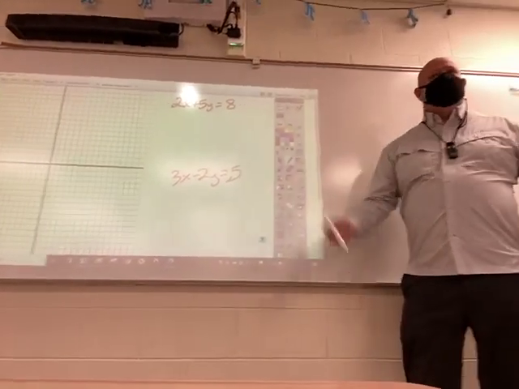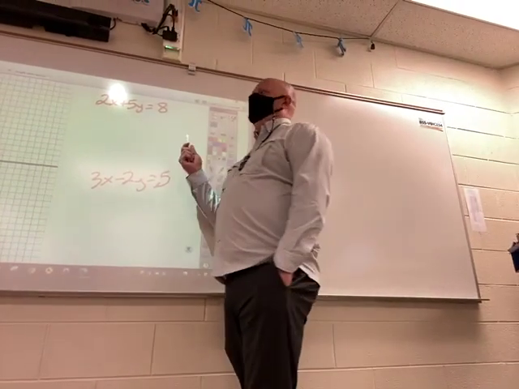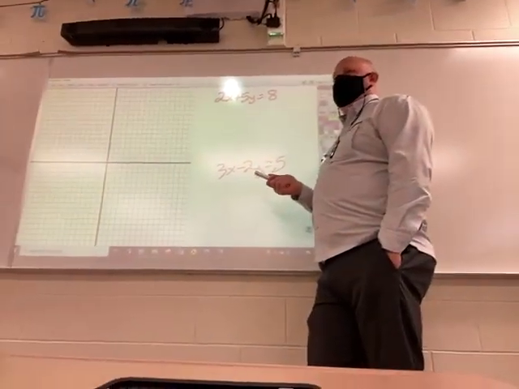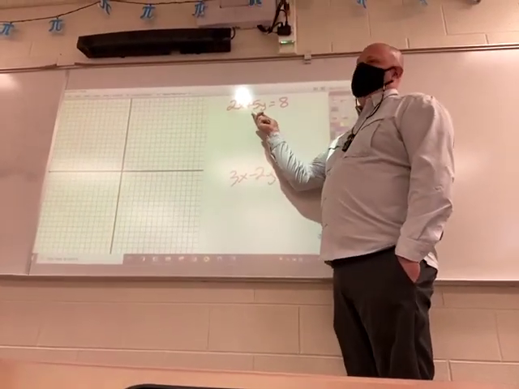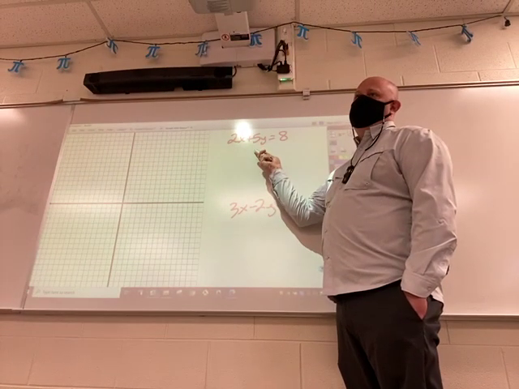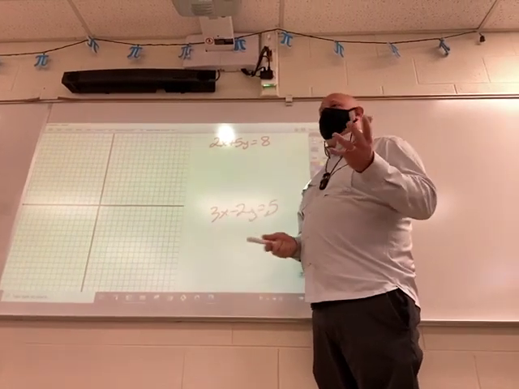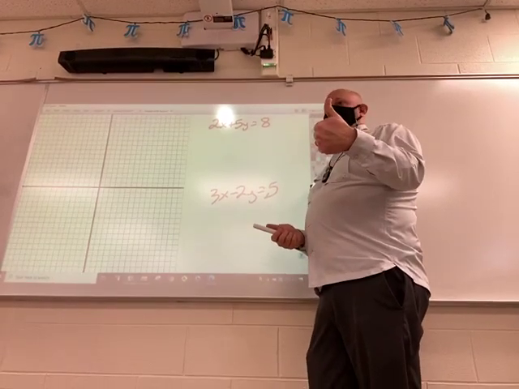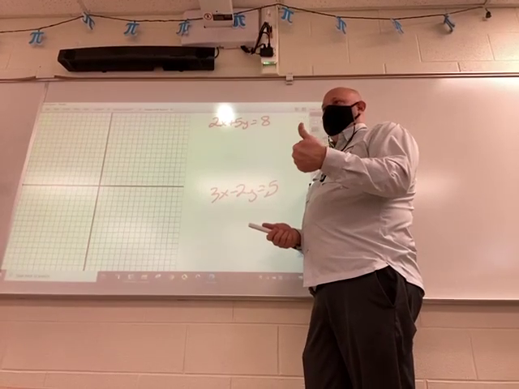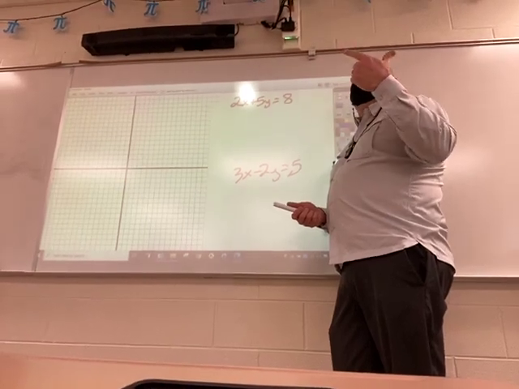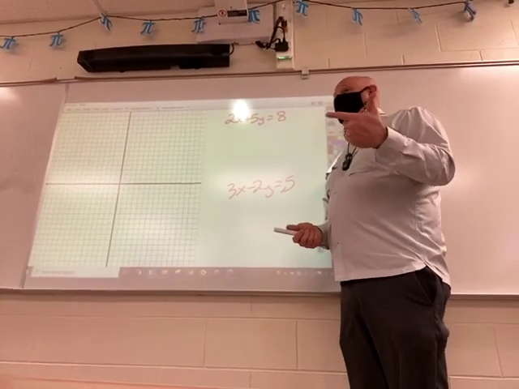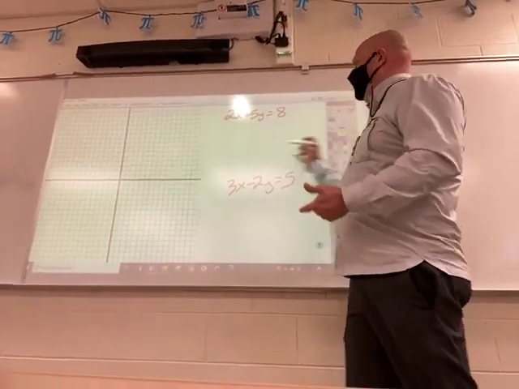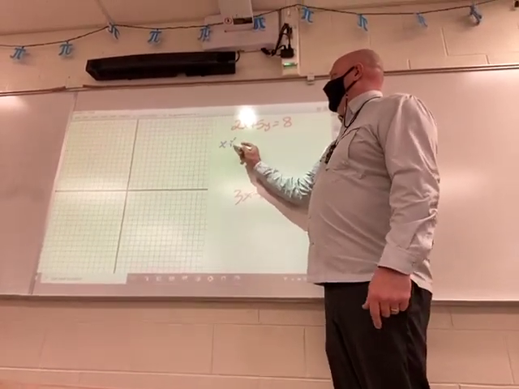Now, what is the problem with the graphing method for this problem right here? Is it easy to graph this right now? No. I have a couple different methods. I could solve it for y, so I can get my slope and y-intercept. I could find my x and y-intercept really easily.